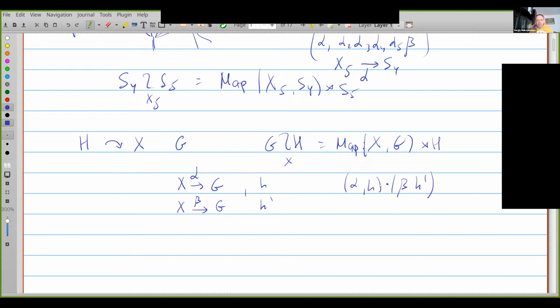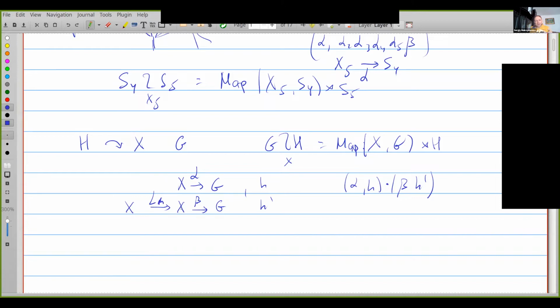Then their product is given in the following way. Look here. This h acts on X. So what I can do is add the so-called left shift of this.